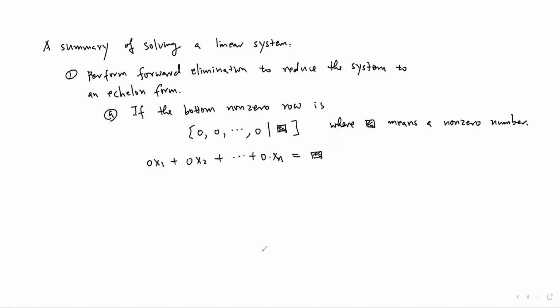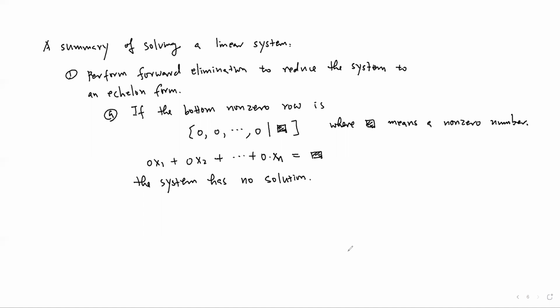Impossible, no matter what values for x1, x2, xn. This equation is never true. In this case, the linear system has no solution.